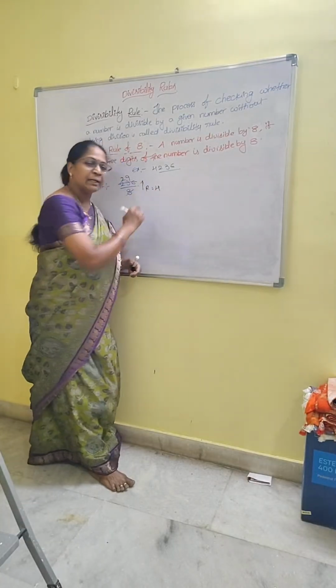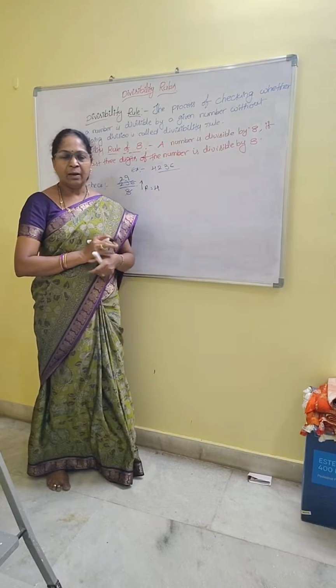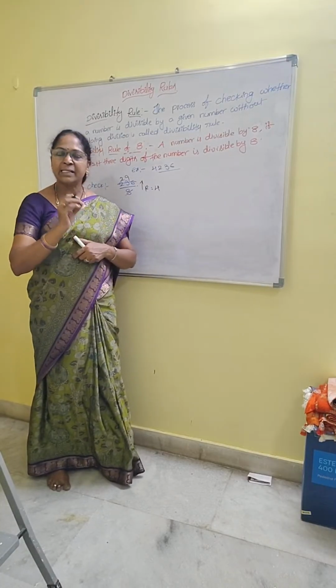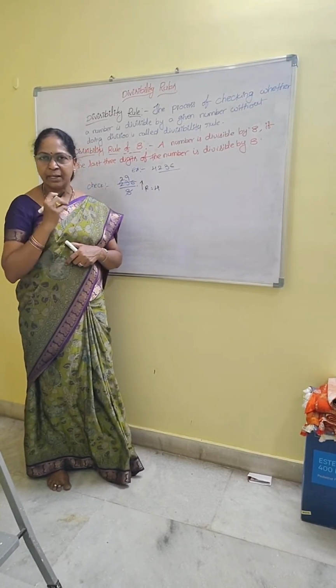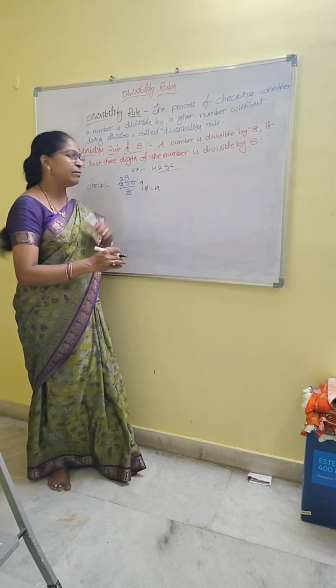Whenever we are getting a remainder other than 0, that means the number is not exactly divisible by the given number.